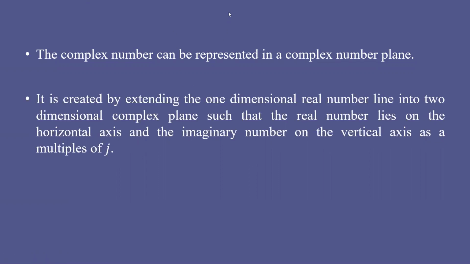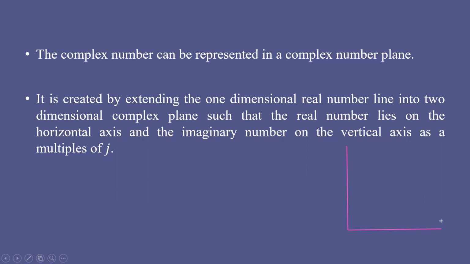You will have one axis like this. This is the imaginary axis, and this is the real axis. The vertical line is the imaginary axis, the horizontal line is the real axis. This is called the complex plane.